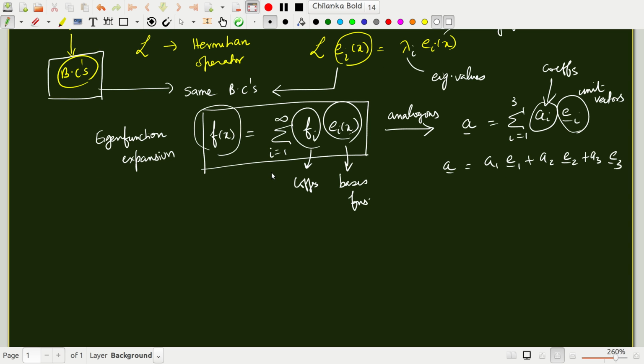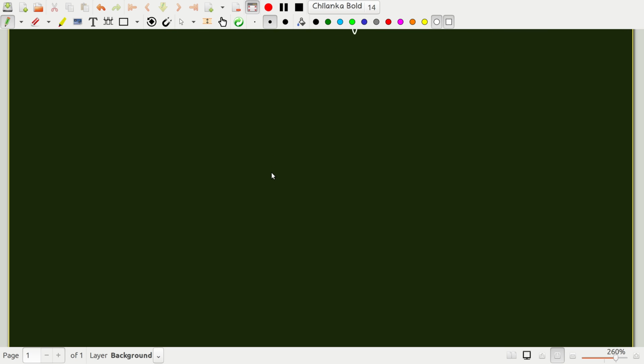This eigenfunction expansion is a general idea. One of the special cases of the eigenfunction expansion is called a Fourier series. What you do in Fourier series is the following. Here you take the Hermitian operator to be, let's say, minus d squared by dx squared, and solve its eigenvalue problem, and you find that sines and cosines are the eigenfunctions, and you have a whole bunch of them.